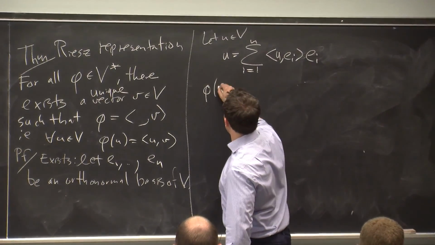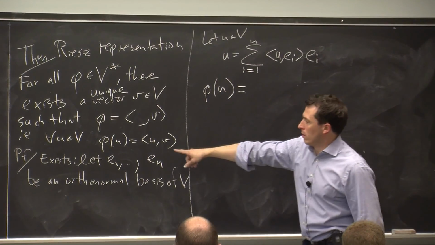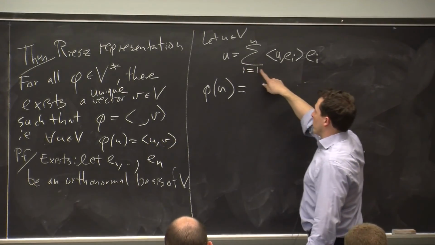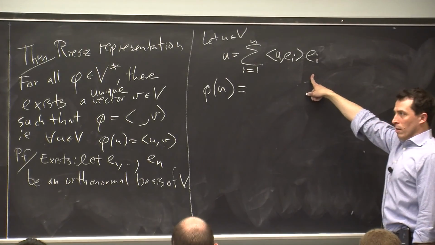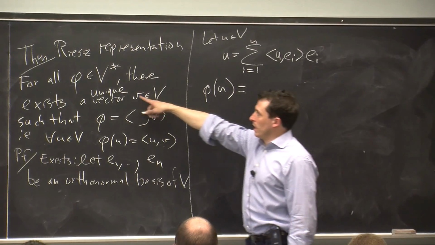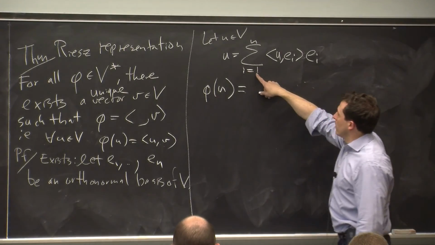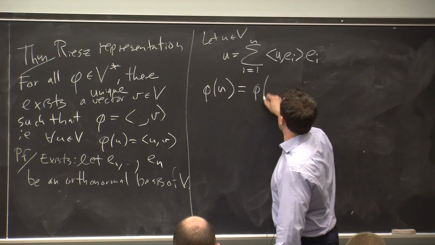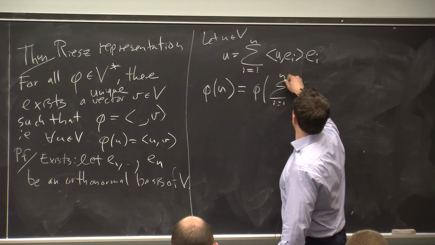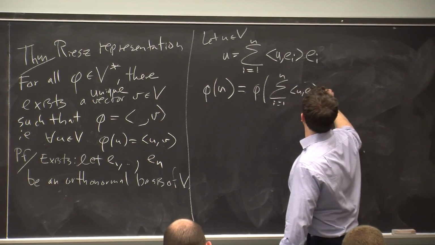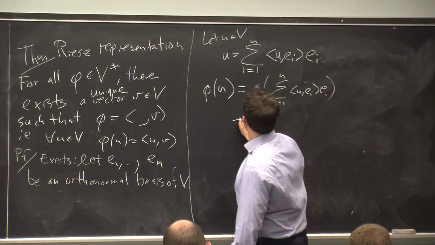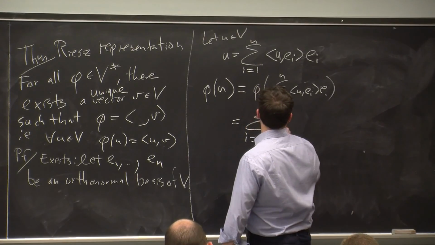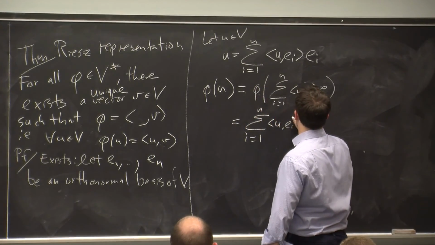Applying phi to this u, this is the thing we want to represent as an inner product. We get phi of this whole expression. Phi is a linear functional. Being linear, I can push it through the sum. So this is equal to the sum from i equals 1 to n of the inner product of u and e_i, times phi of e_i.